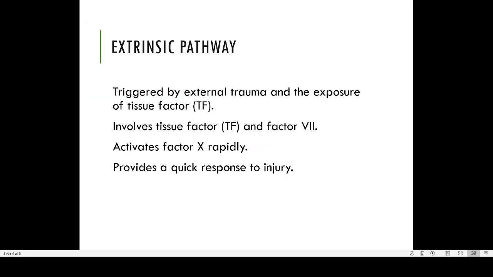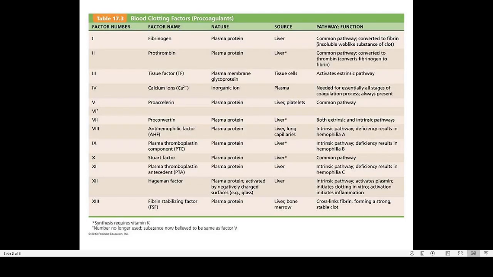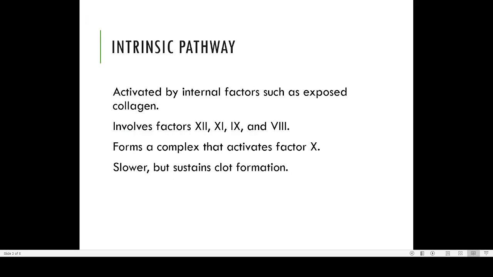These are some of the major factors involved, and then factor 8 is the anti-hemophilic factor. So these four factors are primarily responsible for the intrinsic pathway. But the intrinsic pathway is not a fast process, it is a very slow process.